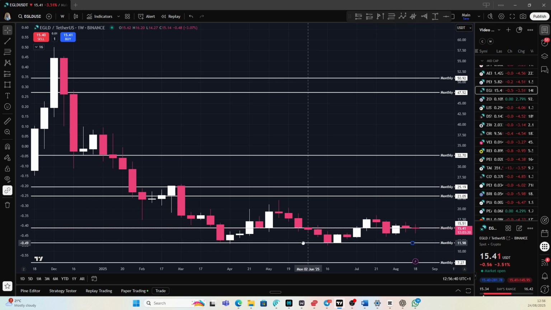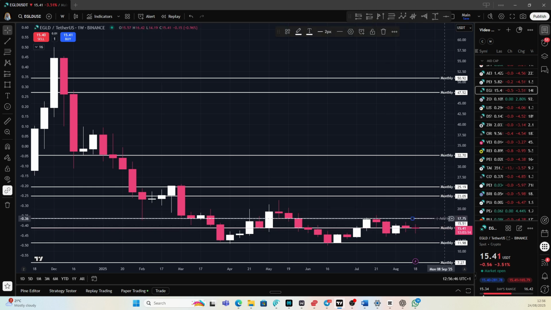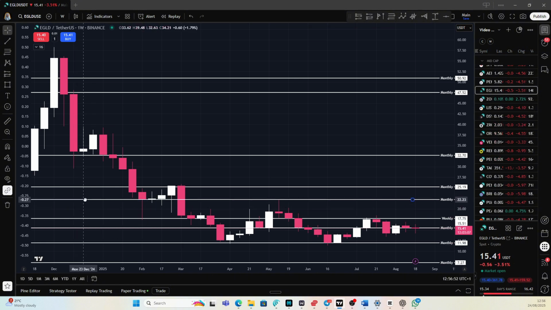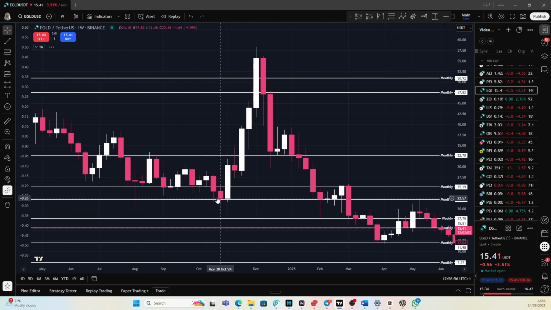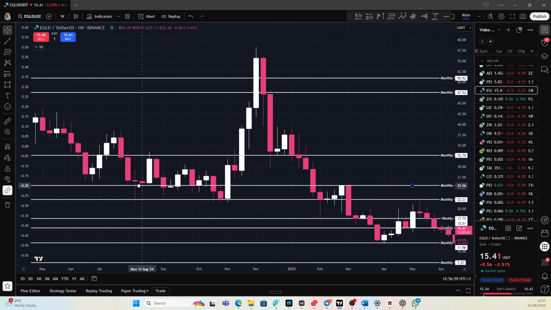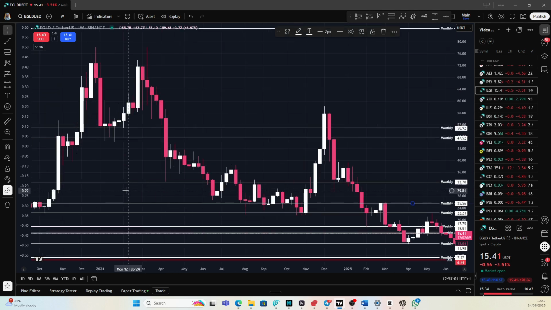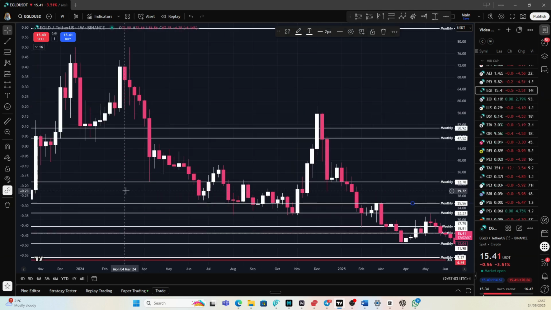This one, move down slightly. I'll mark that there as a weekly. This one we can play around with and move to there, and that's quite interesting because that also captures some of this.